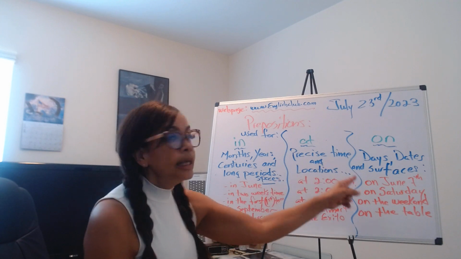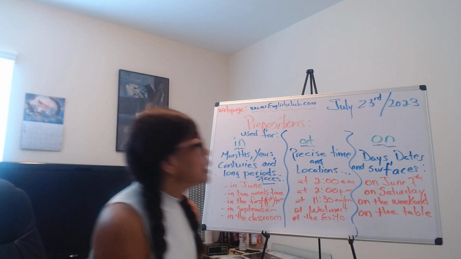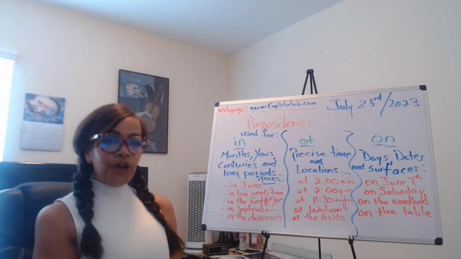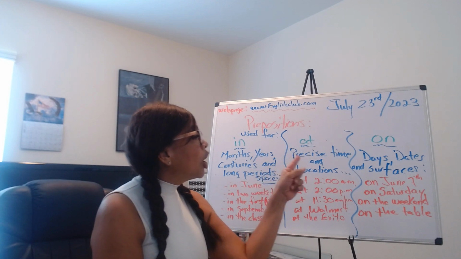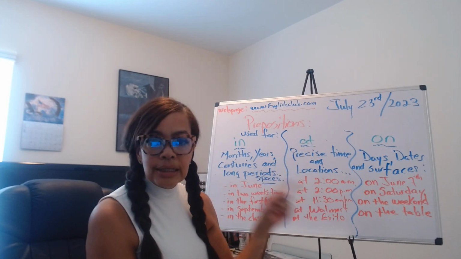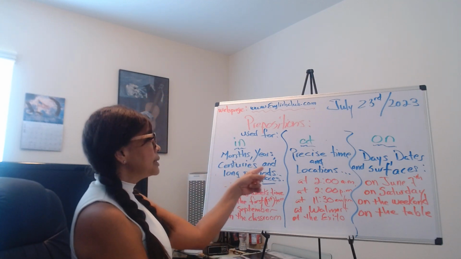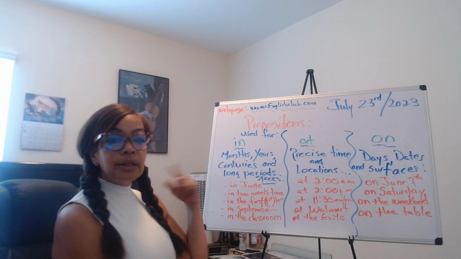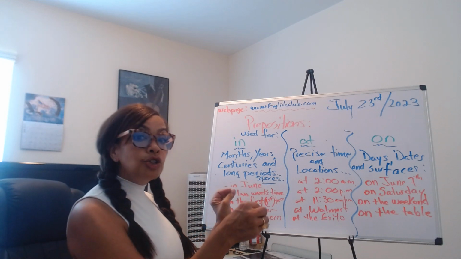All right? Here on, el último, the last one, on, okay? On days, días, fechas, dates, and surfaces, okay? So, I said here, when is your birthday? Say in June, okay? In June.